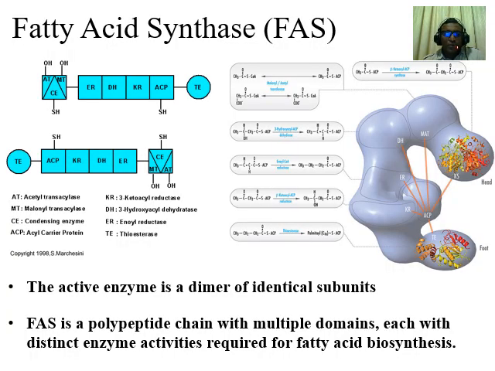Here shown the fatty acid synthase in detail in diagrams. The diagram on the left shows that it is a homodimer with identical subunits, and each subunit has 8 components. If you do the counting, you should be able to get 8 components in each subunit.